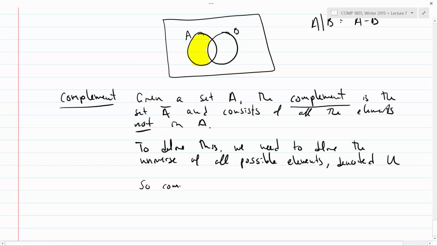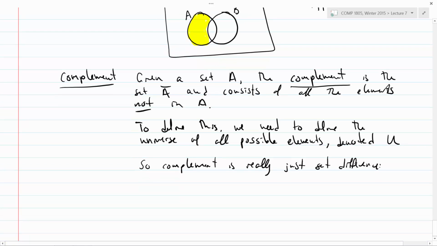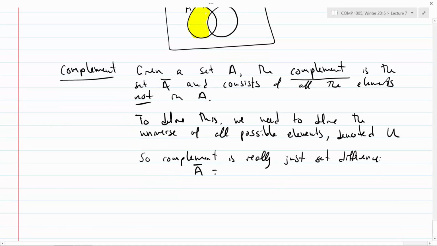So really, you can view the complement as a special case of set difference. So complement is really just set difference. The complement of A is just the universe minus everything in A. Right?